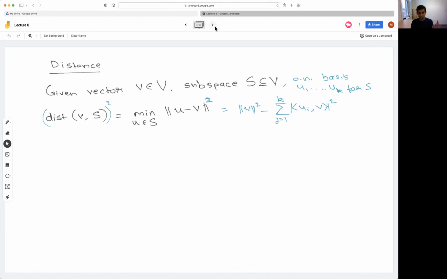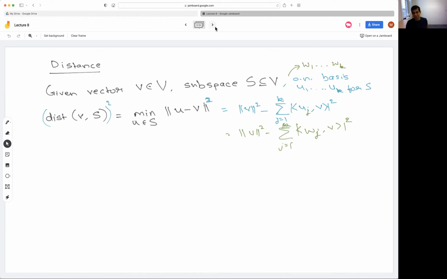I'll emphasize that the distance does not depend on the basis. So instead of U1 to UK, if I gave you some other basis, W1 to WK, for the same space, you could compute the same quantity in terms of W1 to WK.